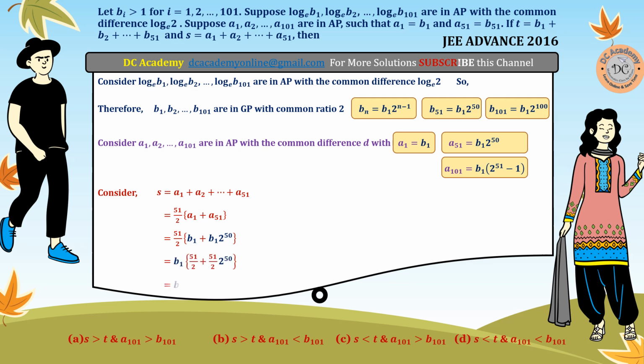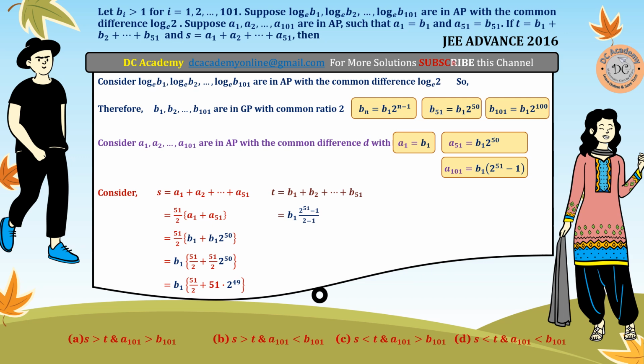And then after solving the calculation, we find S is equal to B1 times 51 by 2 plus 51 into 2 to the power 49. And that's it, so you obtain the value of S. Now we go ahead and calculate the value of T. T is a series which is the sum of B1 to B51, and it's a GP series.